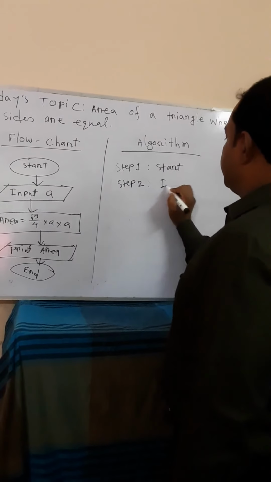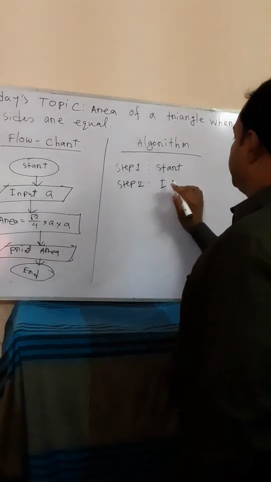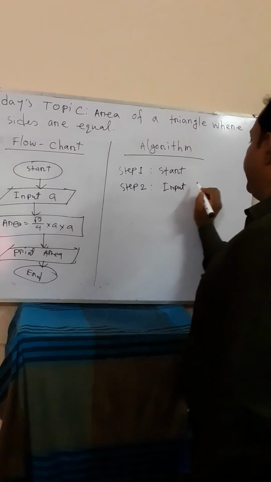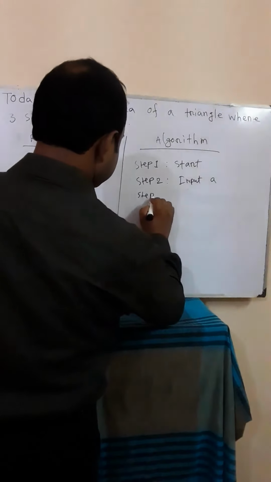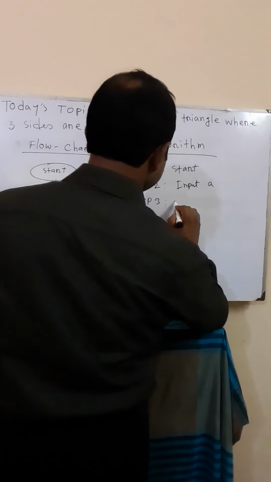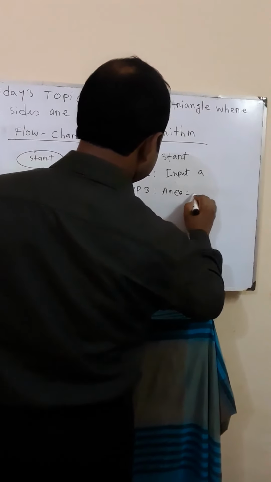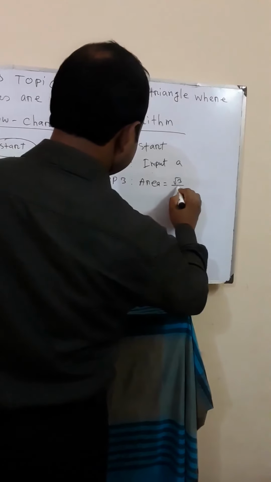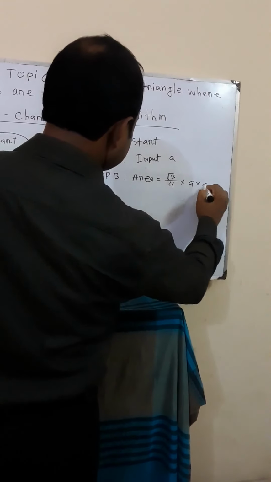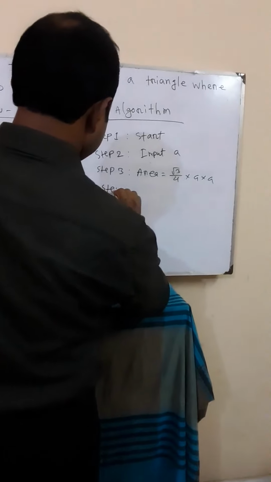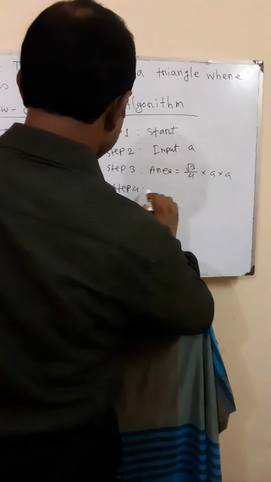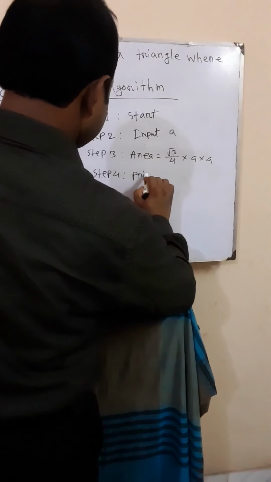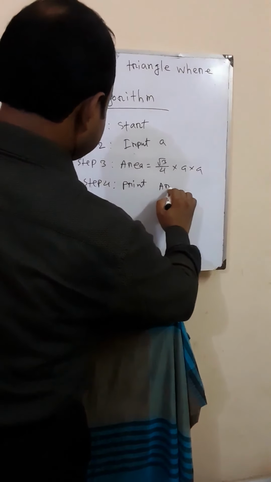Step 2, input A. Step 3, area equal to √3 by 4 A into A. Print area.